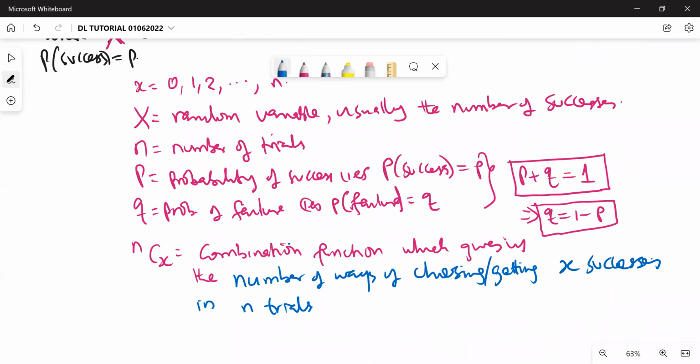The number of ways of getting x, small letter x, successes in n trials.